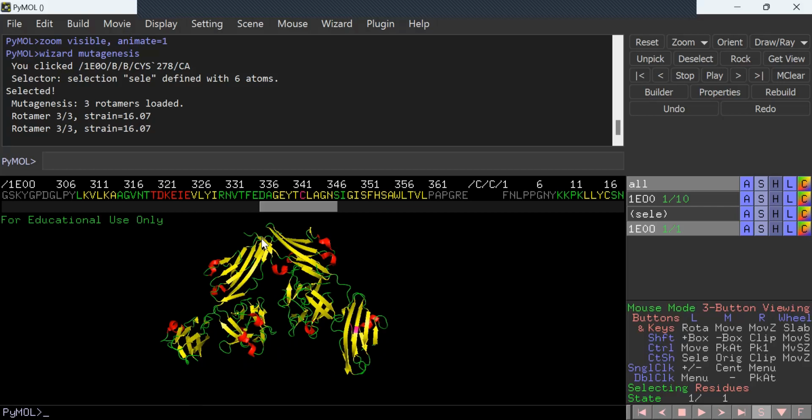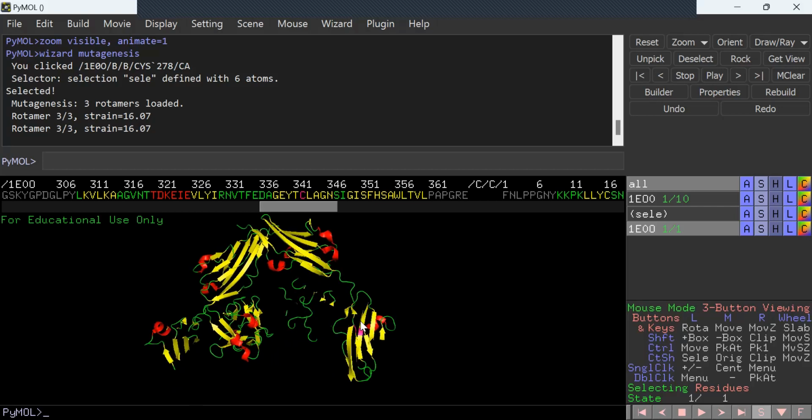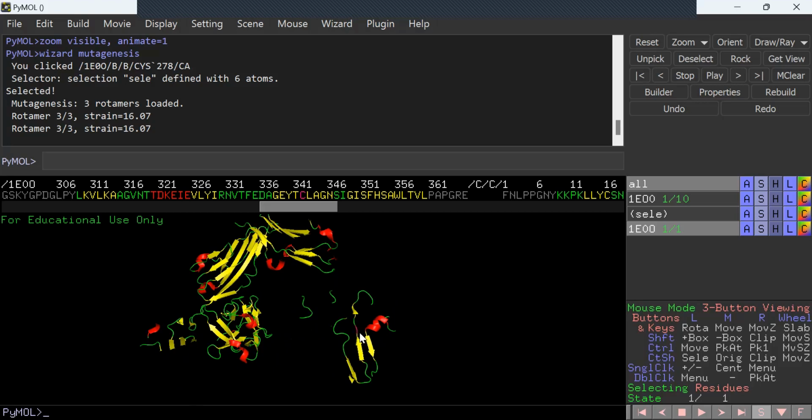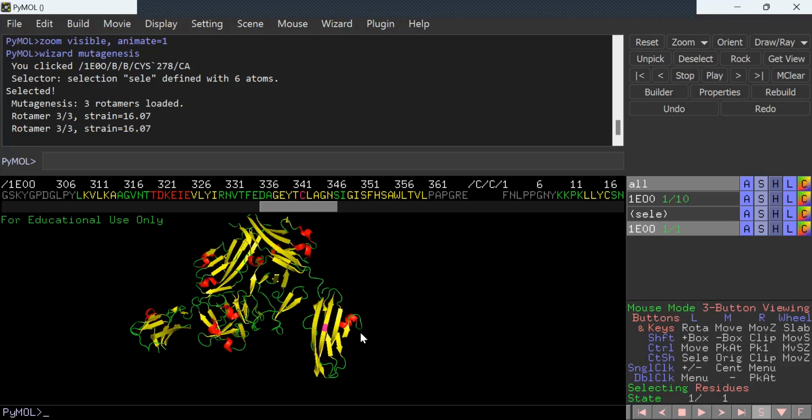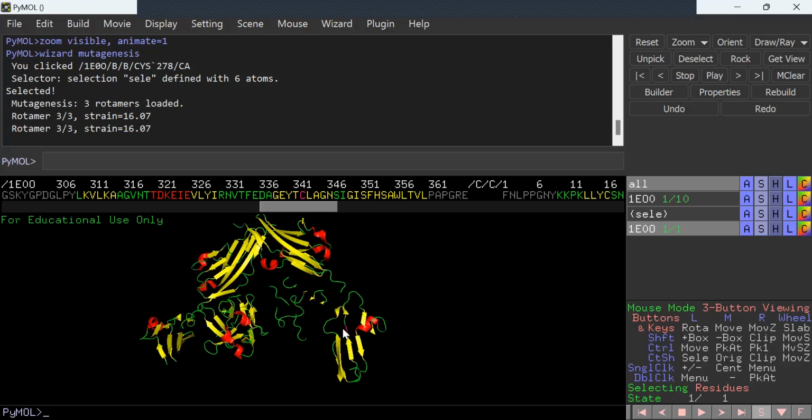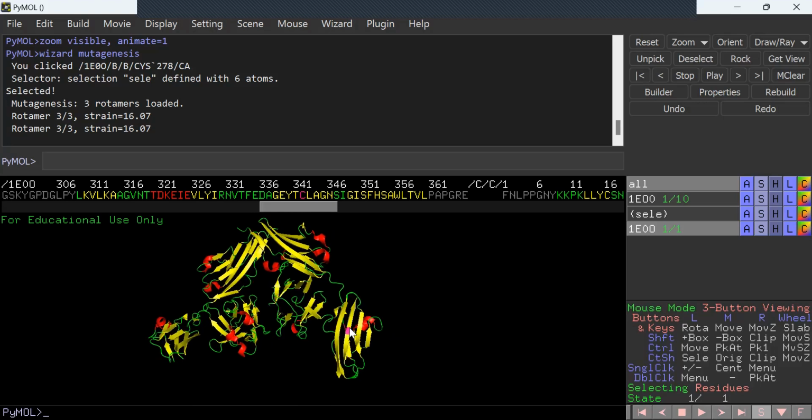The variant ends up changing the cysteine at codon 278, which you can see highlighted in pink on this green strand. And this ends up hurting the relationship between this green strand and this region of the yellow sheet that's colored in pink. This region in pink on the yellow sheet is your 342nd codon. This is also a cysteine. So normally these two cysteines form a structure that looks a bit like this.